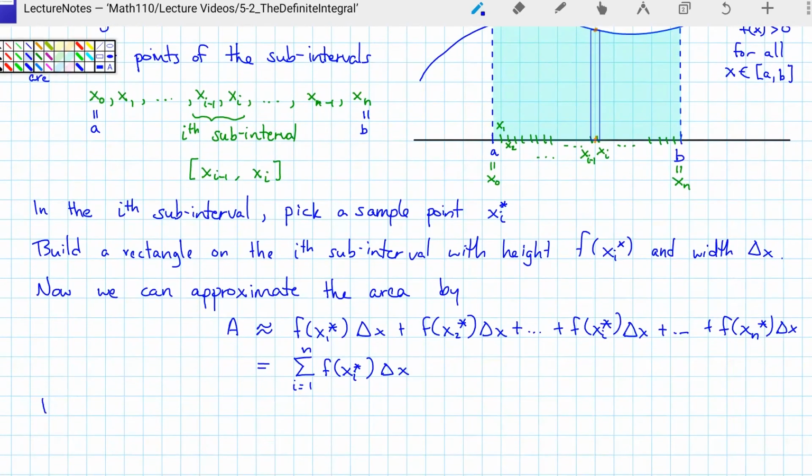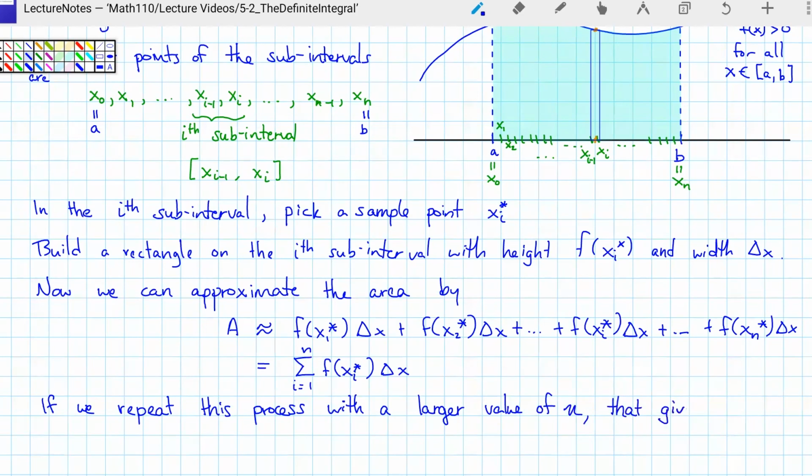So if we repeat this process with a larger value of n, that gives a better approximation of the area.